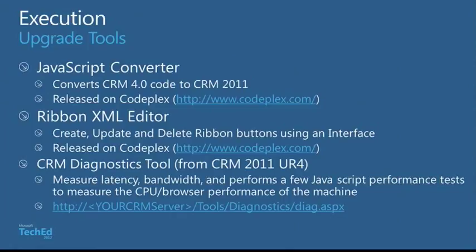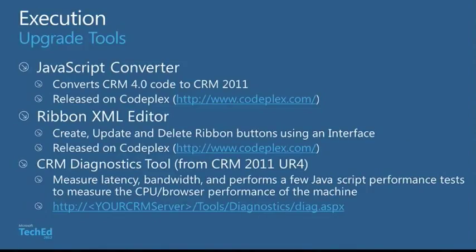And if you want to look at latency or bandwidth, or perform a few JavaScript performance tests, measure your CPU and browser performance of your CRM 2011 system from update rollup 4 and above, there's a CRM diagnostic tool that ships with the product. You can get to that via a URL within your system.